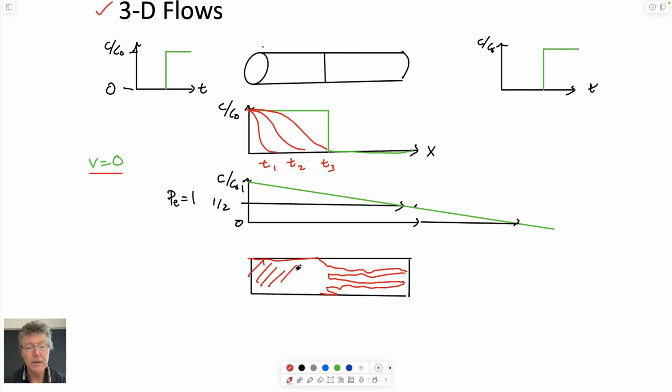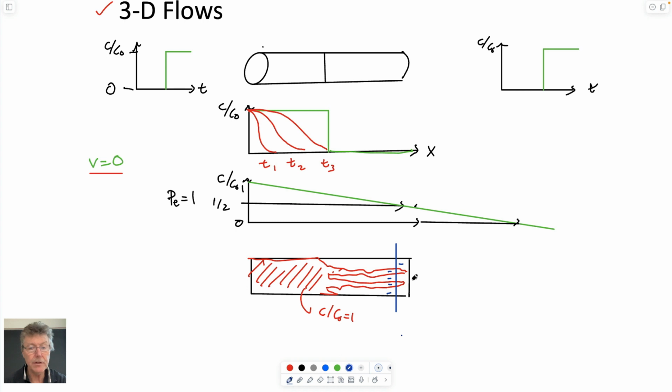So if this was our water that's contaminated, C over C0 is equal to 1. Then if you take a section that's across here and sum up the portions, this portion would be concentration 0, this would be 1, this would be 0, this would be 1, this would be 0.